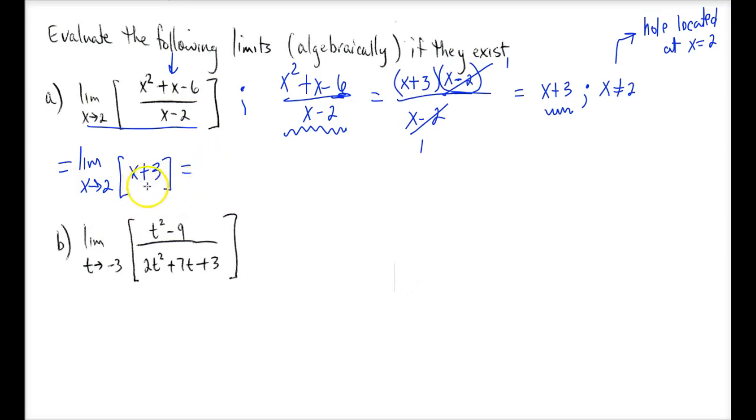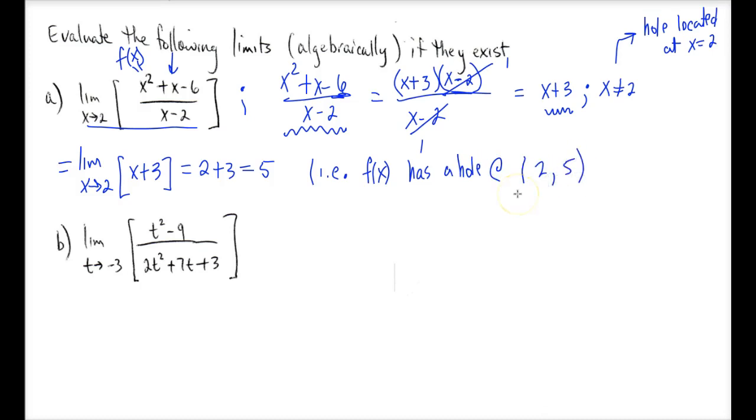So because of that, we can use the direct substitution property, which allows us to just plug in 2 for x, and we see that the limit of this particular function is 5. And what we're actually saying here is that if we call this f of x, f of x has a hole at the point (2, 5) in its graph.